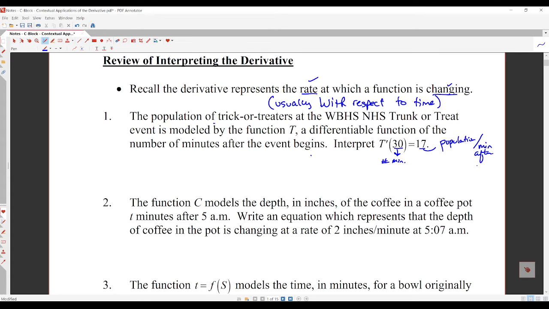Okay, so remember, rates of change are always something over something. Population per minute, feet per second, or something like that. Okay, so now what I need to do is take that information and rewrite just a simple sentence or two describing that. So it would be something like this.